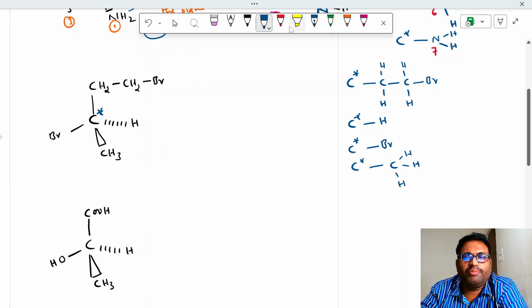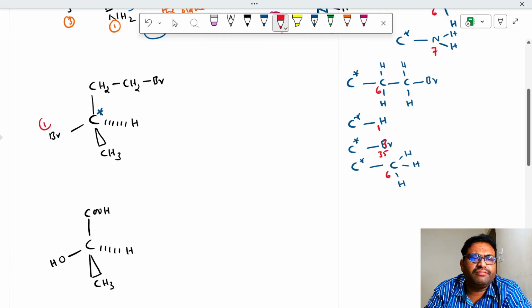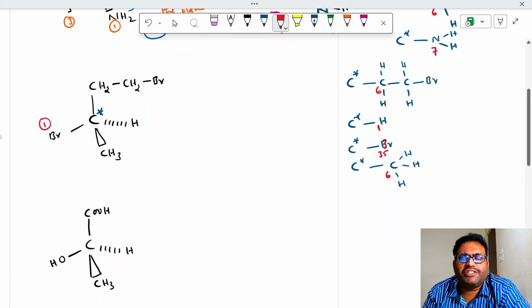We know that carbon is 6, hydrogen 1, bromine 35. Now which has the high atomic number? Bromine has the high atomic number, so priority number 1. Next, hydrogen is the least priority, priority number 4.